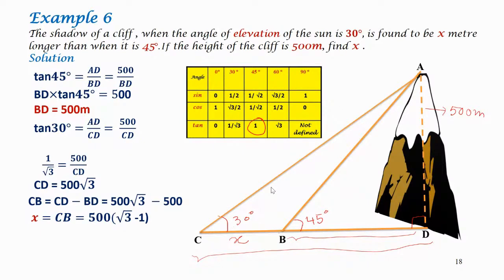So instead of putting the value just now, take 500 common, now put the value: 500 into 0.732, and now you multiply and you get your answer as 366 meters. So the distance BC is 366 meters. Hope you've understood.